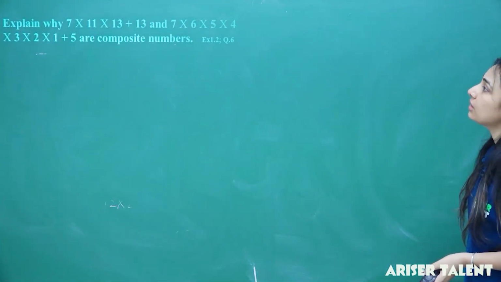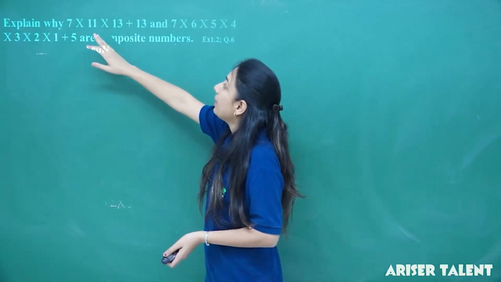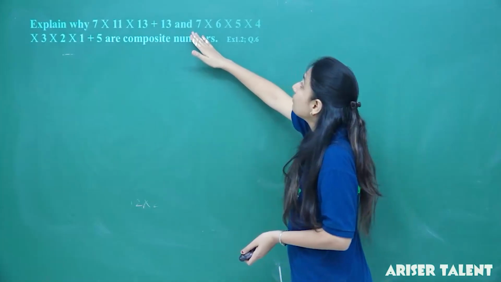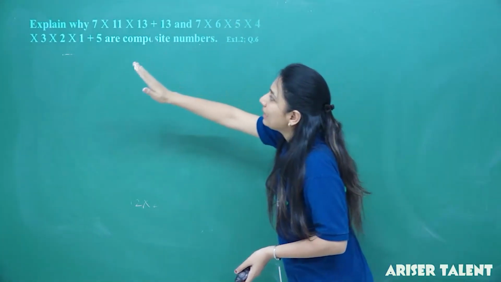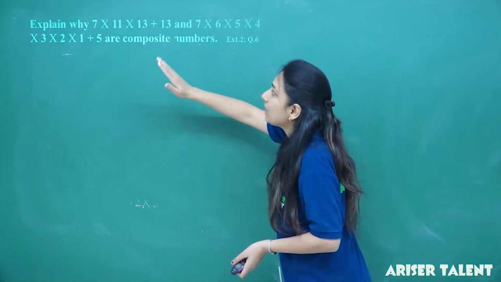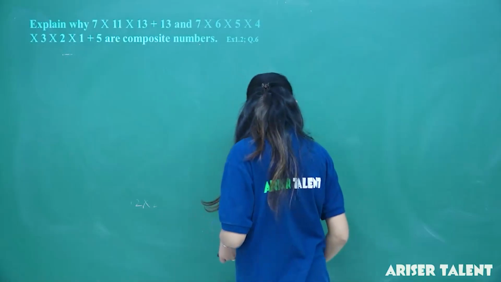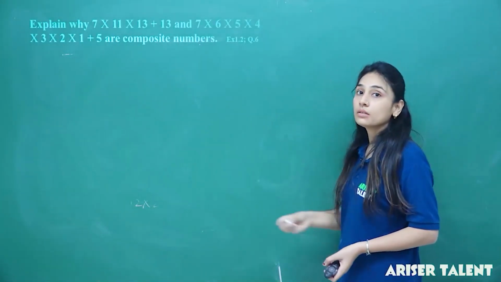So, the next question is: explain why 7 multiplied by 11 multiplied by 13 plus 13, and 7 multiplied by 6 multiplied by 4 multiplied by 5 multiplied by 3 multiplied by 2 multiplied by 1 plus 5 are what? Composite numbers.